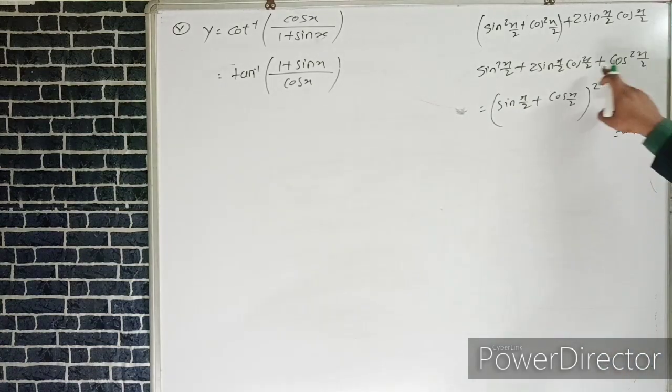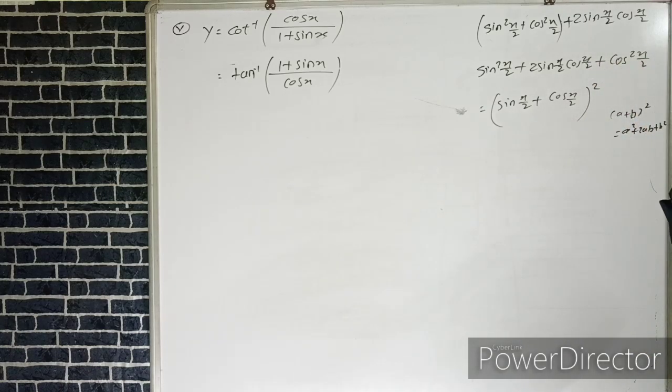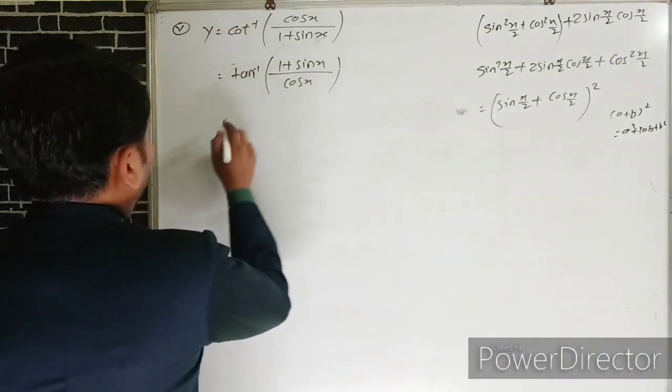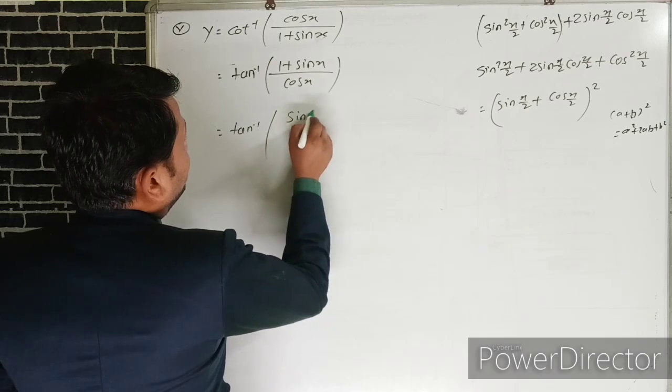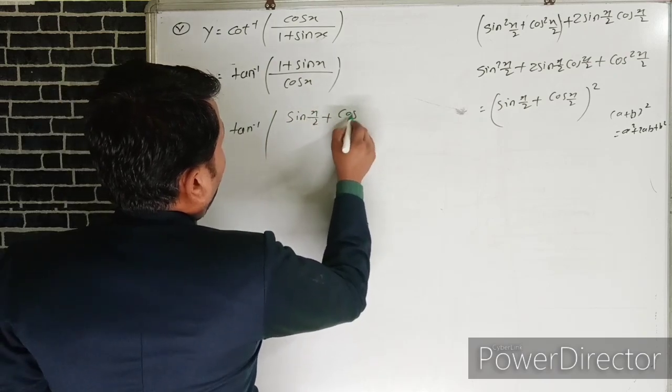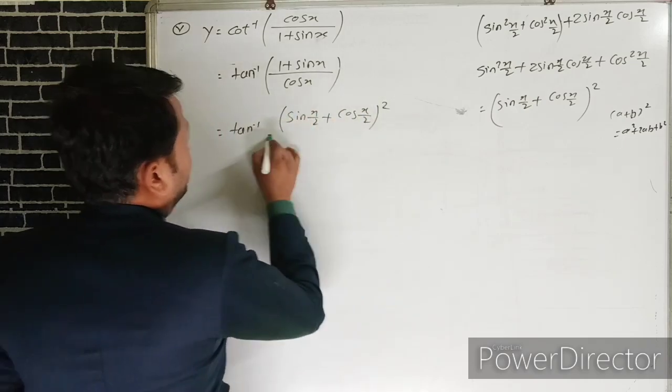Hence this term 1 plus sin x we can write as sin of x by 2 plus cos of x by 2 whole bracket square.